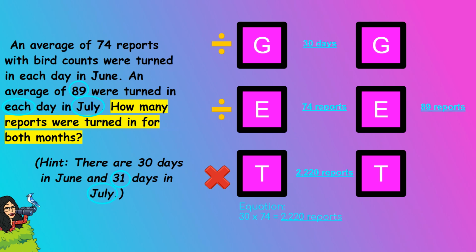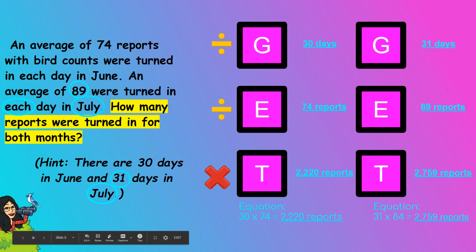So I record 89 reports there. I also have the 31 days for July. That is my number of groups. I'm trying to find my total. Then you are going to again multiply, which gives you the 2,759 reports. I have the totals for June and I have it for July.